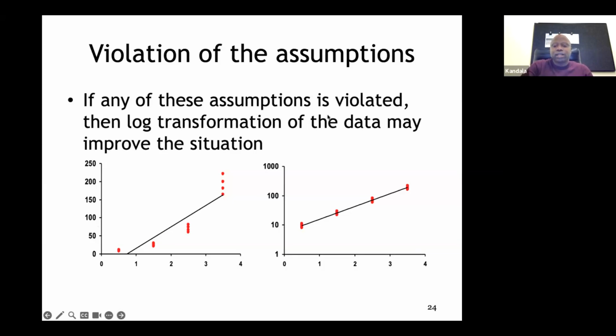And as you can see in this graph, if these assumptions are violated, most of the time you as an expert also need to bring a solution. So instead of working with the observed value, you may log transform the data to improve the situation.